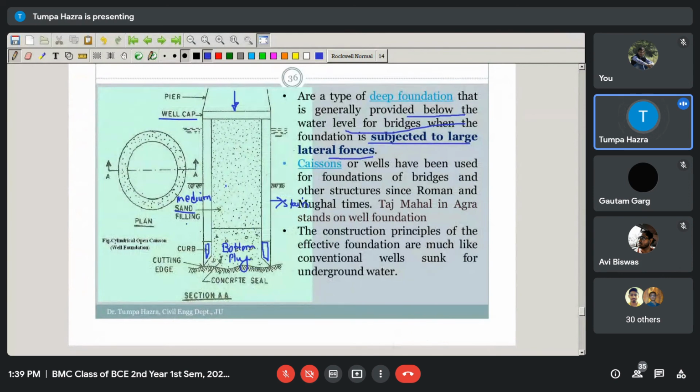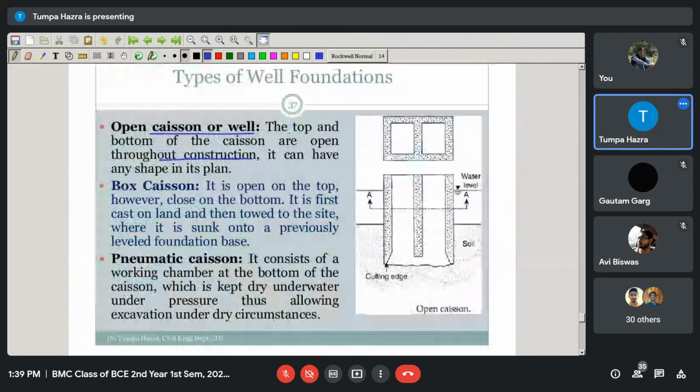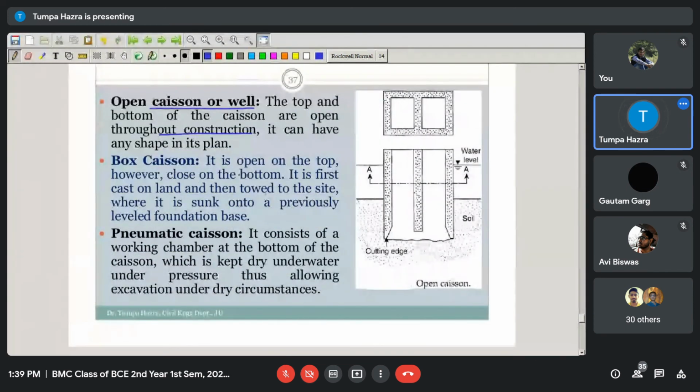Now after construction it is filled, and then the original superstructure of the building or bridge is constructed. So the well foundation is an example of an open caisson. Then the box caisson. Box caisson means it is open on the top, however closed on the bottom.